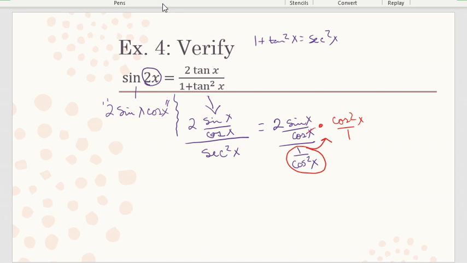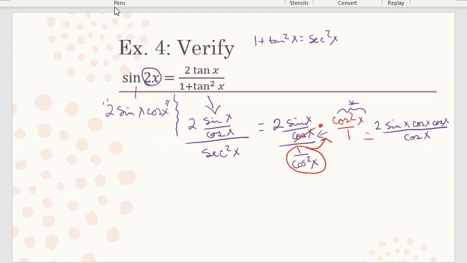And then what's going to happen is this is going to cancel. I'll tell you what, before I let it cancel, I will go ahead and show you what this looks like. Before this cancels, let's ignore the fact that I drew a line through that. I'll show you what cancels in just a second. So I'm going to have 2 sine x cosine squared, which means cosine times cosine, cosine x cosine x, all over just this one little cosine x.